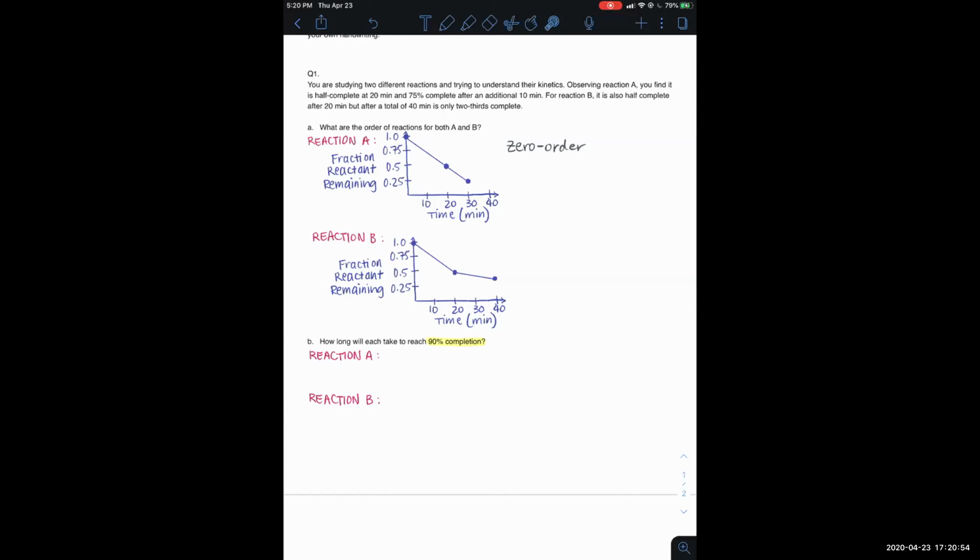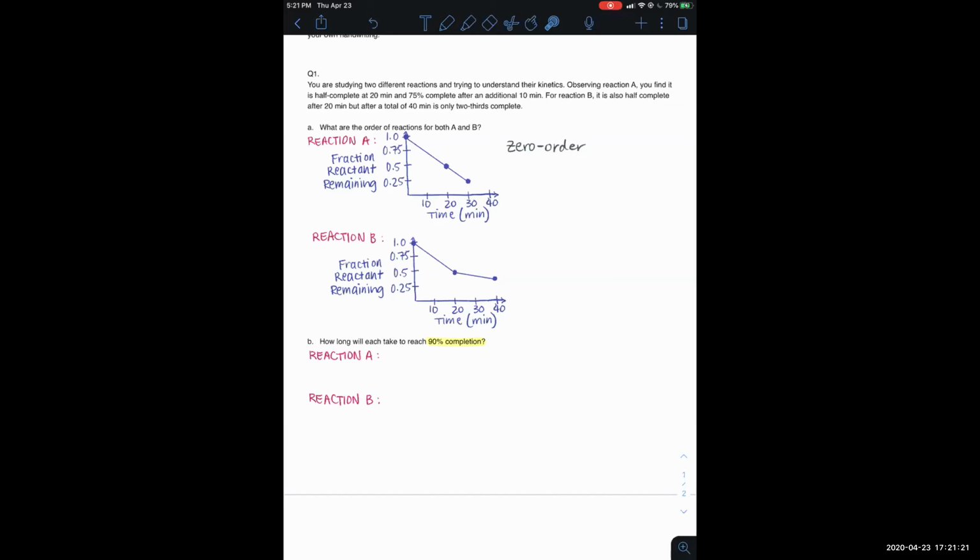So reaction B is also half complete at 20 minutes, but at the 40-minute mark, so in an additional 20 minutes, it is only 2/3 complete, which means that 1/3 is remaining at the 40-minute time point. So this means that there's a greater decrease between the 0-minute and 20-minute time point than between 20 minutes and 40 minutes.